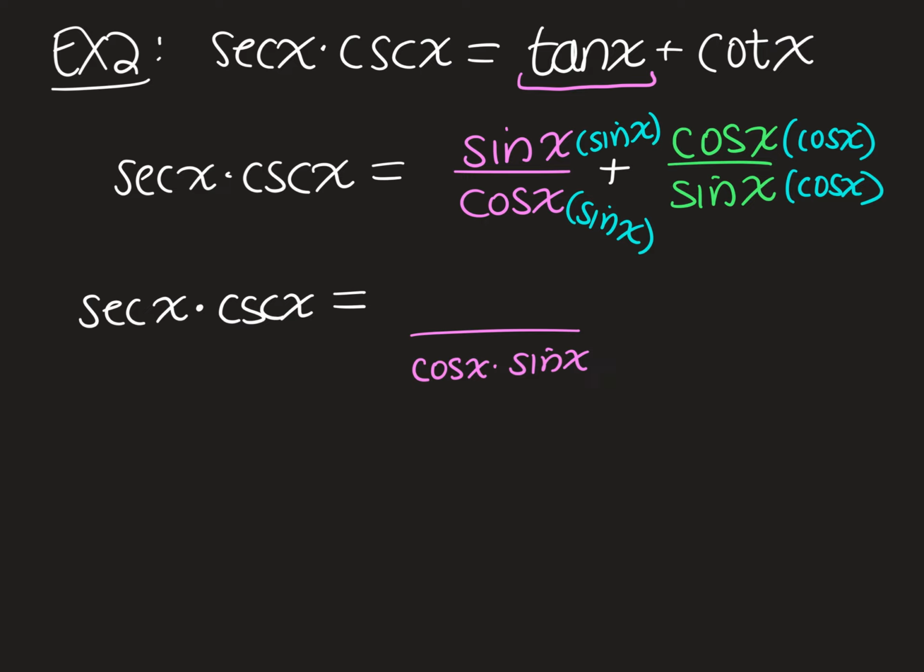All right. The second fraction has the same denominator. Now I could write it as sine times cosine or cosine times sine. It doesn't matter. That means the same thing. So I'll write it like I have the other fraction written. And then I've got cosine times cosine, which is cosine squared.